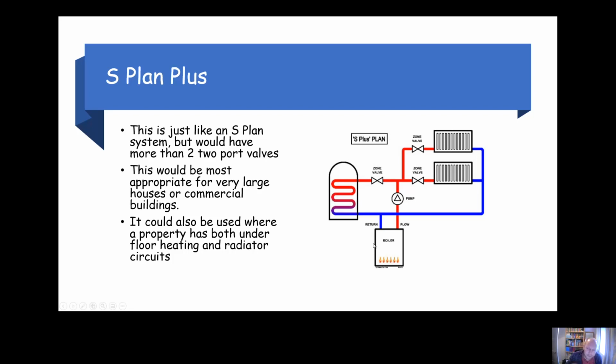Underfloor heating takes a long time to heat up, so it might be combined with radiators to give you that initial heat up time, and then the underfloor heating would be used to keep the temperature at a comfortable level.